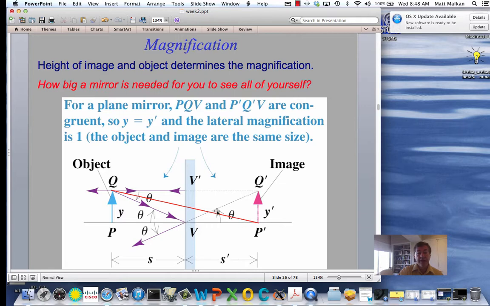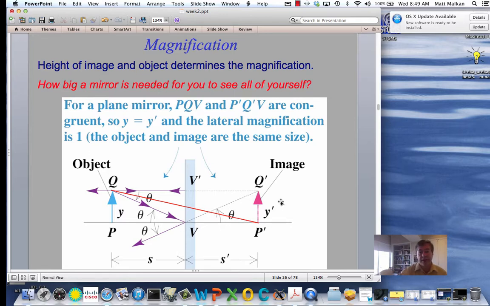Let's trace it back. These are dotted lines, not actually traveling this path. But the light ray looks as if it traveled from here, because that's the point. If the light ray originated from here, an image of your head, this is the top of your head over here, it would send one light ray in this direction, which you see, and it would send one light ray down here.